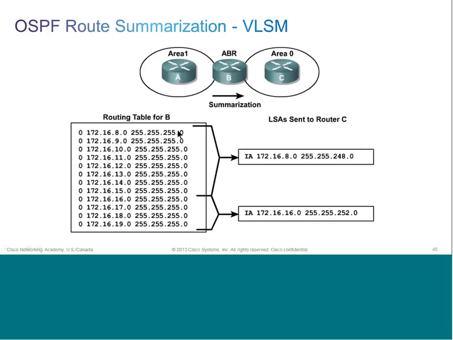And what we would like to do is summarize the first part of this and then summarize the second portion. So we're going to take all of these routes, summarize them, and router B would send them on to Area 0 with 2 statements. So 2 summary routes would be sent, or 2 type 3s.